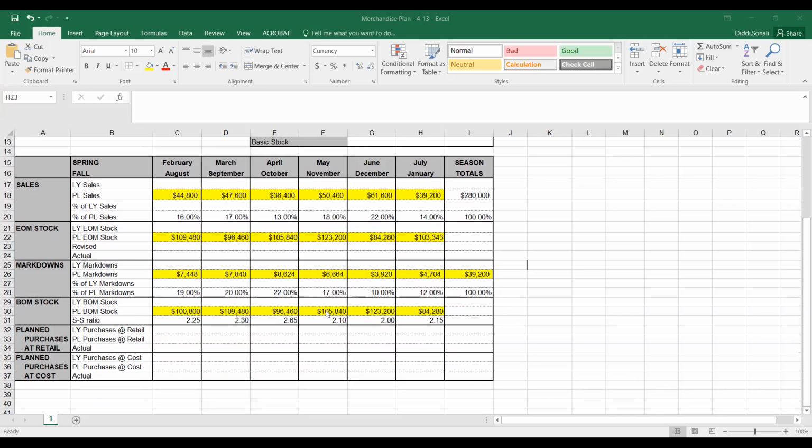The next step is calculating our planned purchases at retail. Remember the formula we just did is sales plus EOM plus markdowns minus BOM.